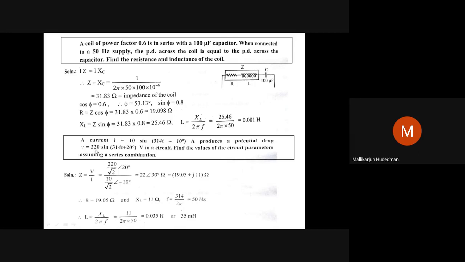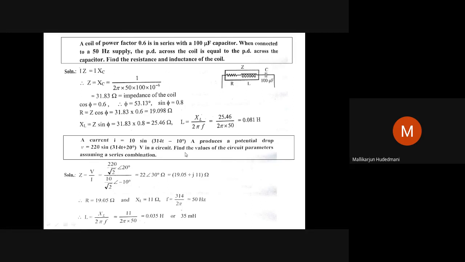V equal to 220 sine (314t plus 20 degree) volt. This is the voltage observed across a circuit. When a current given by the equation flows through that circuit, voltage across that circuit V is 220 sine (314t plus 20) volt. In a circuit, find the values of circuit parameters assuming series combination.